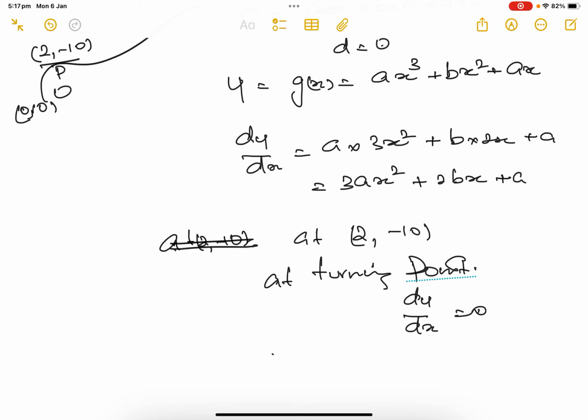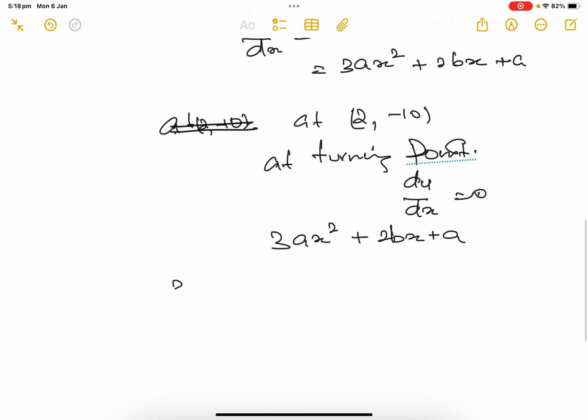We know dy over dx is 3ax squared plus 2bx plus a. That is the gradient. But we know the x value at that particular point is 2, and at the same time the gradient is 0.